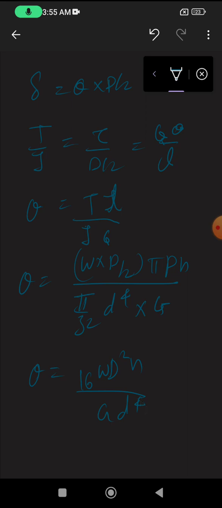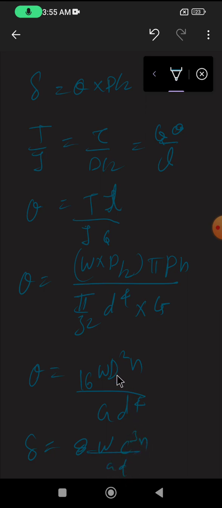Substituting this theta in the equation of delta, delta is theta into D by 2, so delta will be equal to 8W C cube n by G d.